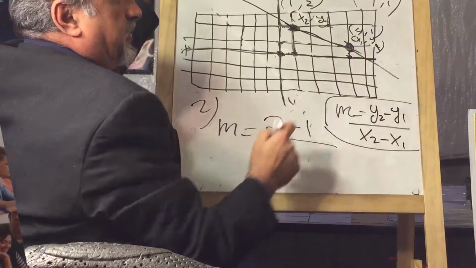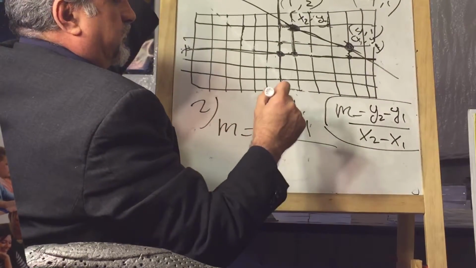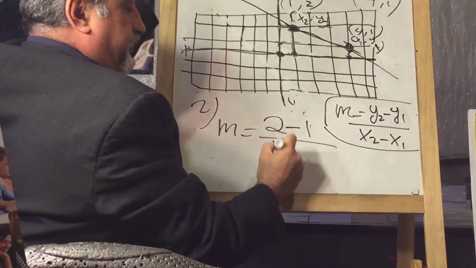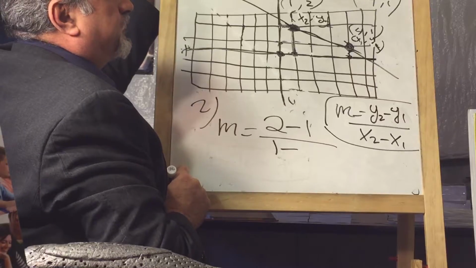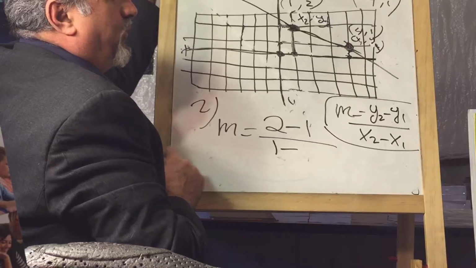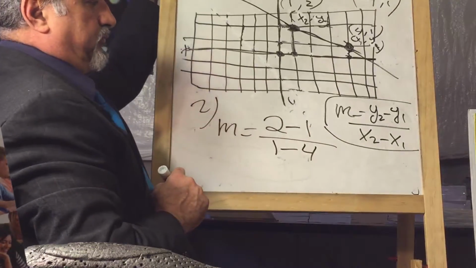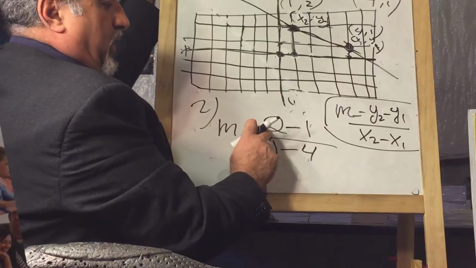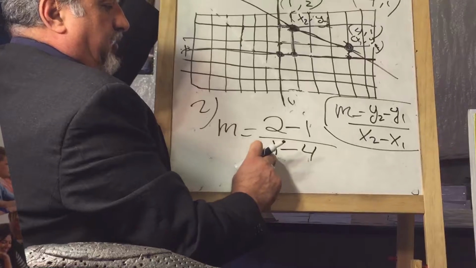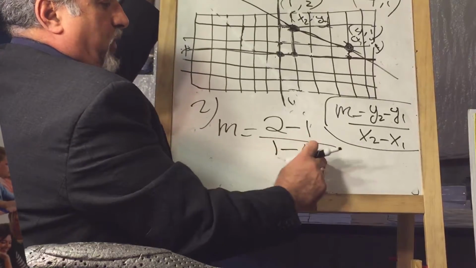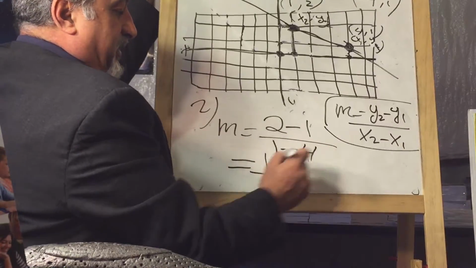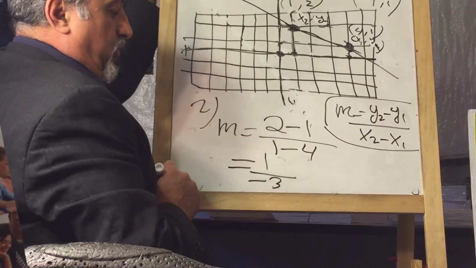And x2 is 1, minus x1, which is 4. So y2 minus y1 divided by x2 minus x1 equals 2 minus 1 is 1, and 1 minus 4 is negative 3.